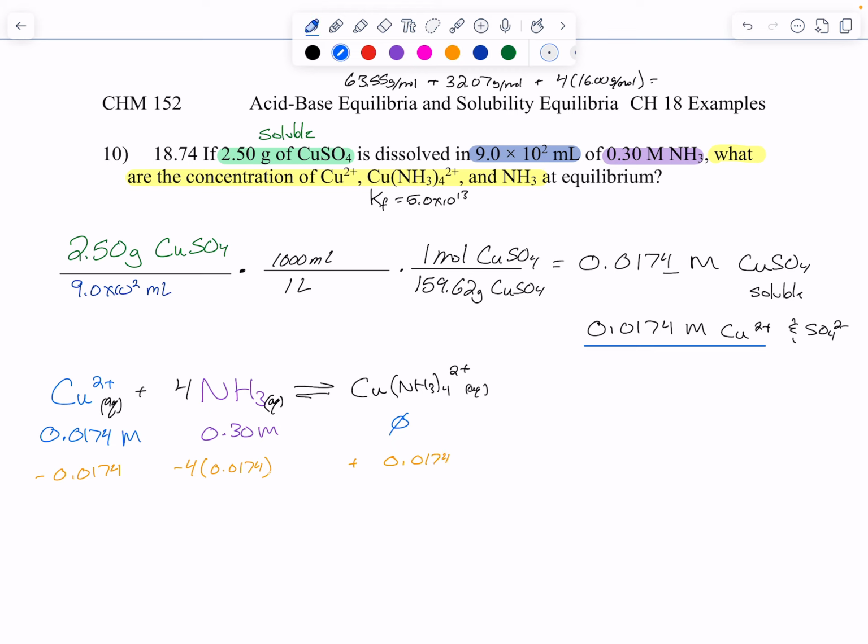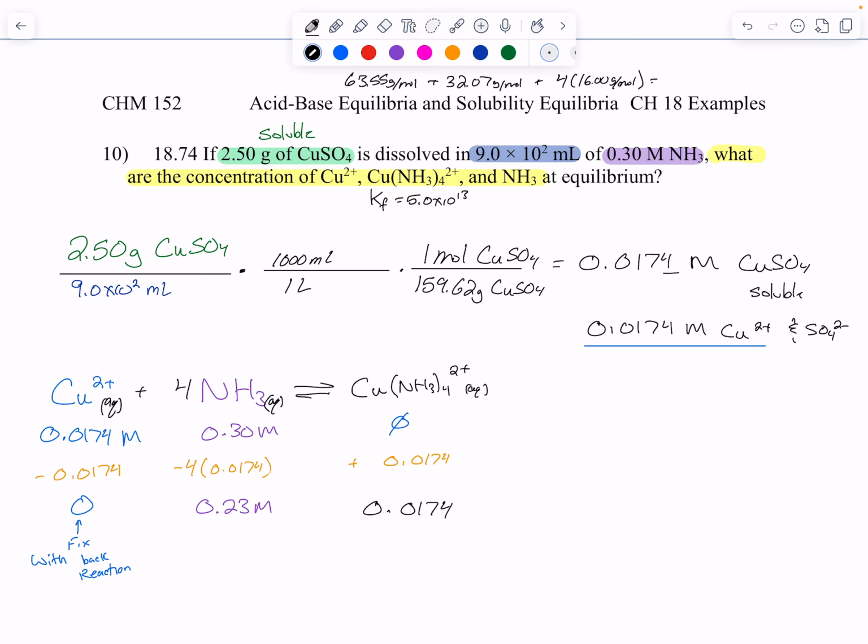So at equilibrium, we have 0, which, right, that's the problem. We're going to have to fix that with a back reaction. We're going to have 0.3 minus 4 times 0.0174, which is 0.23, basically. And we're going to have 0.0174.